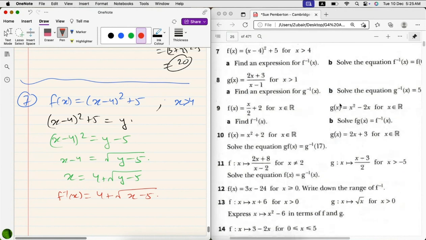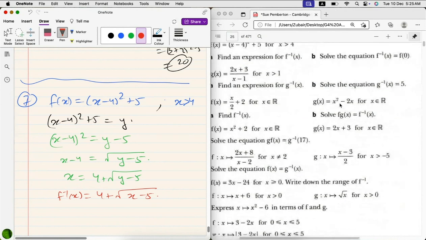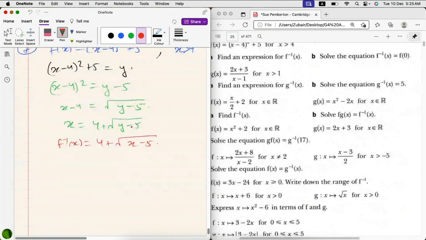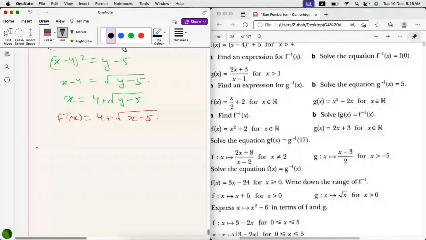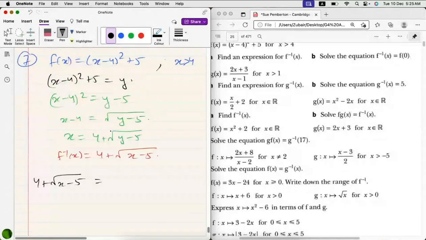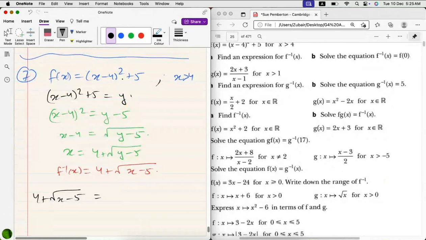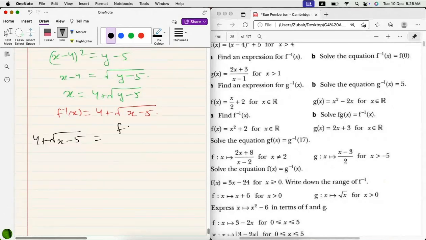Now it says solve the equation f inverse x equals f of 0. So this is f inverse x, and f of 0. That is (x plus 4) whole square plus 5. What does f of 0 mean? That value of x is 0.